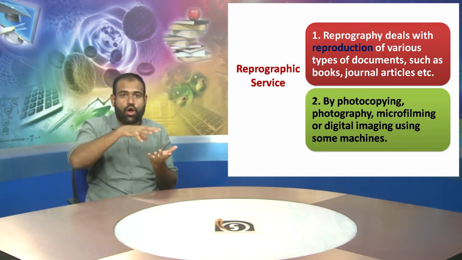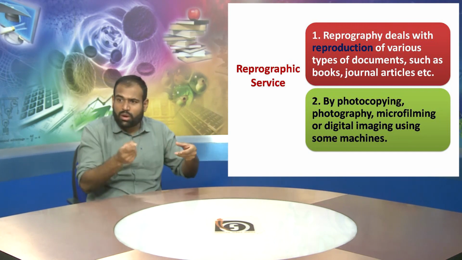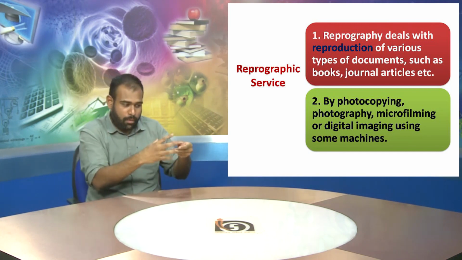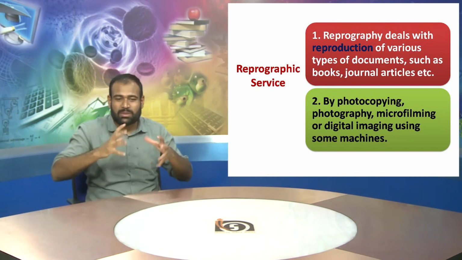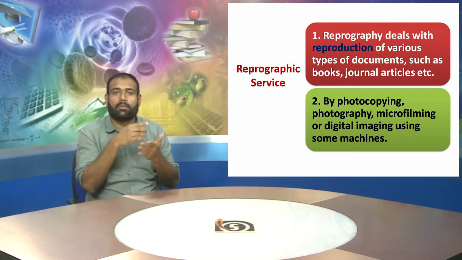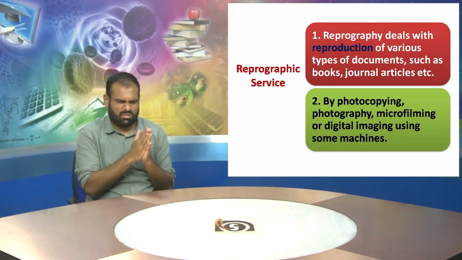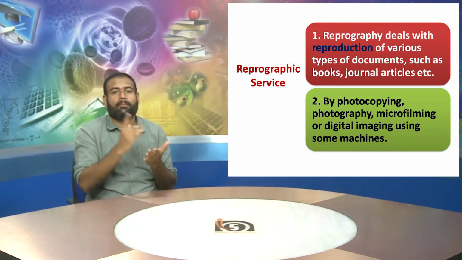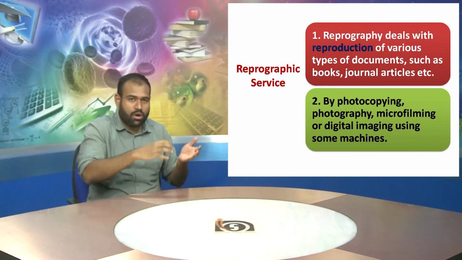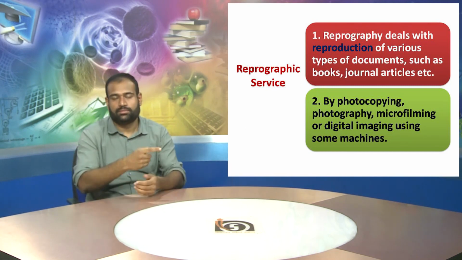And if we talk about the reprographic services, then reprography deals with reproduction of various types of documents such as books, journal articles, etc., by photocopying, photography, and microfilming or digital imaging using some machines.